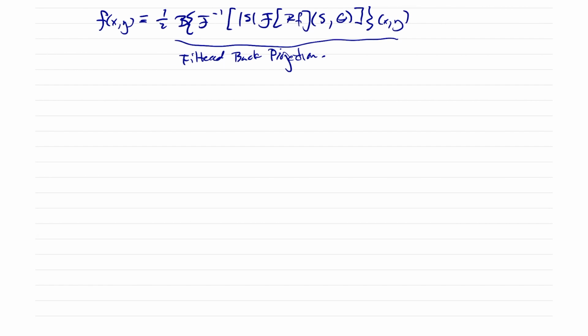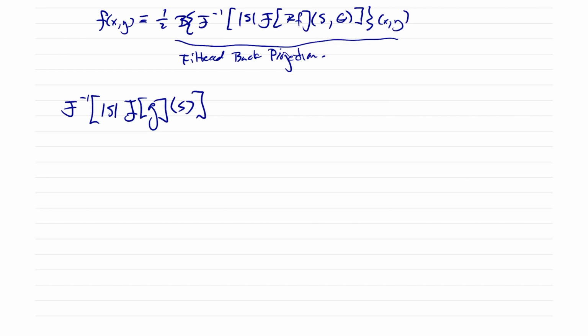Now there's actually a couple of ways to look at this particular problem, and before we jump into filters and other things like that, I was going to briefly mention one other interpretation of this formula, and in particular it concerns this particular piece. So if you take a look, we have F inverse of |s| times F of some function, and of s.